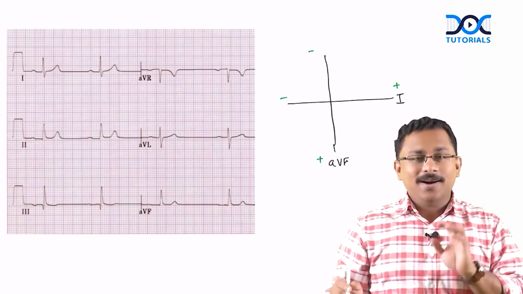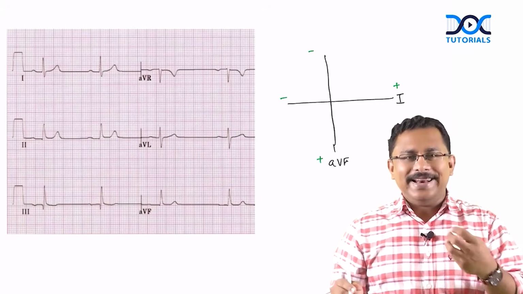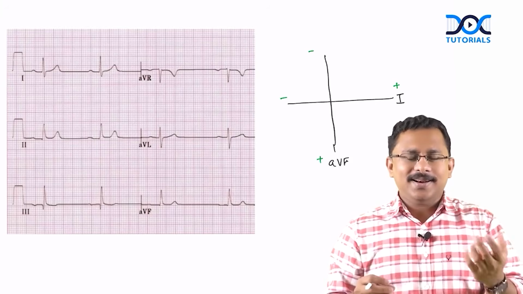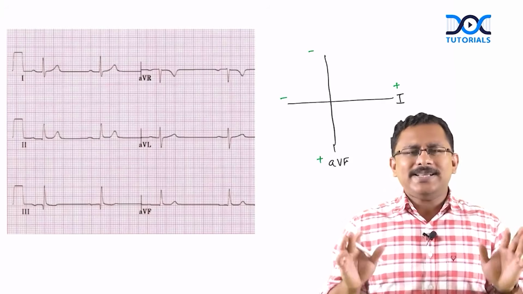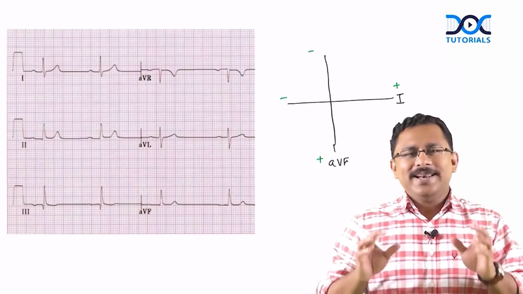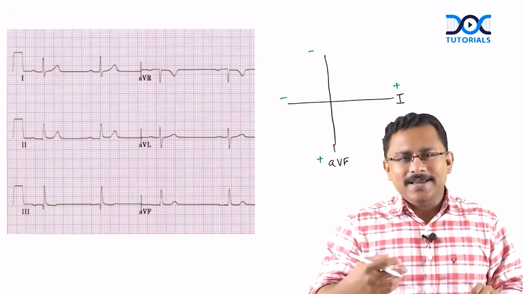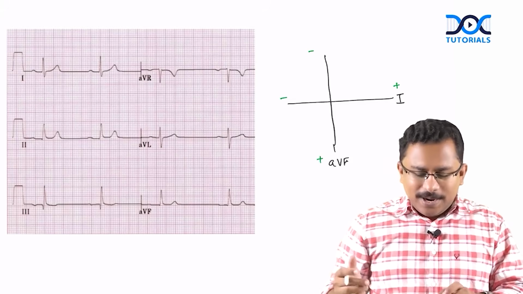In the quadrant method, the plotting is based on lead 1 and lead AVF. There are other methods where other leads are also taken into consideration, but always remember it is the limb leads that are taken into consideration for the axis determination, never the precordial leads. So lead 1 and lead AVF.